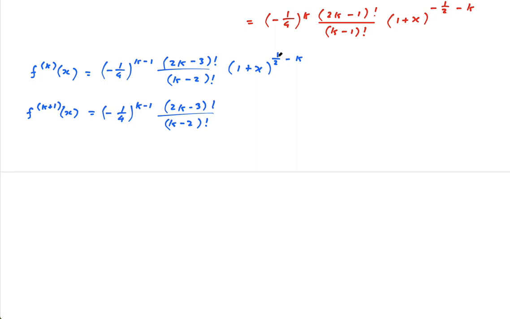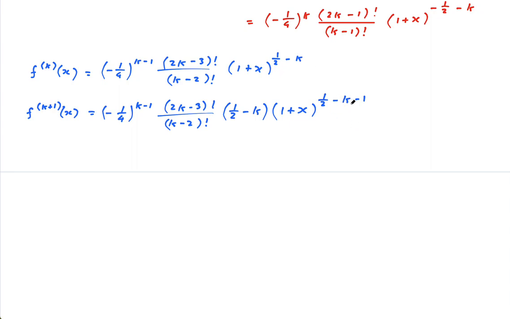So I'm going to multiply by the power, a half minus k, and subtract 1 from the power. So it's 1 plus x to the power of a half minus k minus 1.